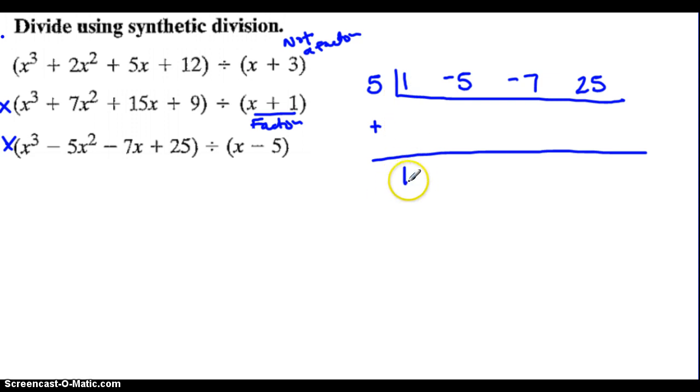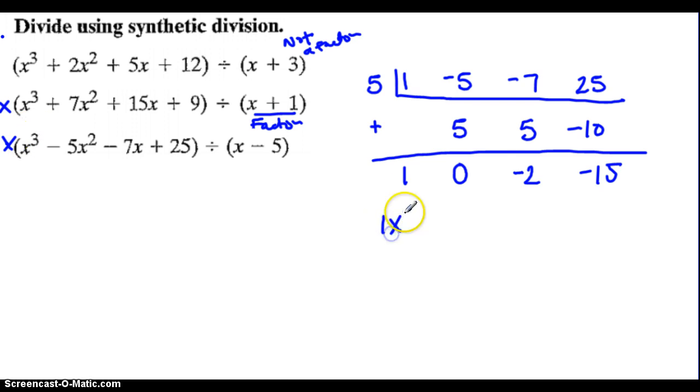Now it's below the line, so I multiply this 1 times 5. Now it's above the line, I add. Below the line, I multiply. Above the line, I add. Below the line, I multiply. And now I add.